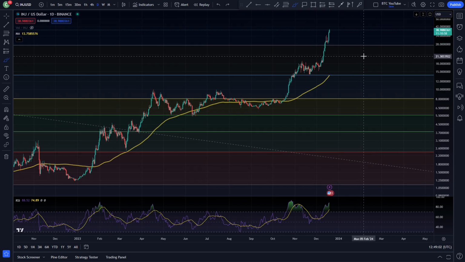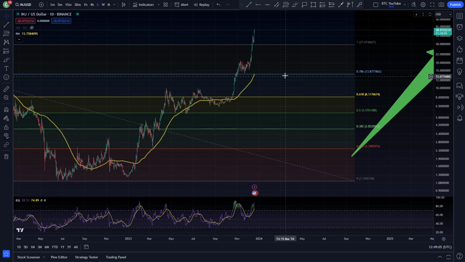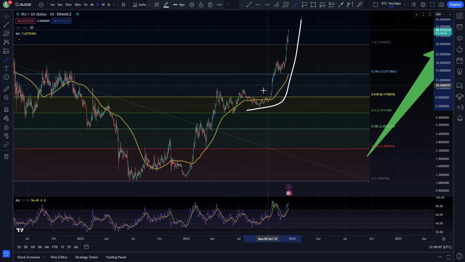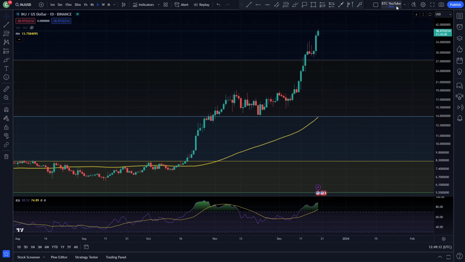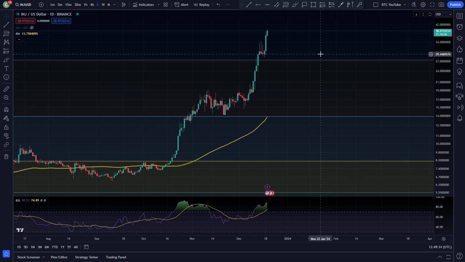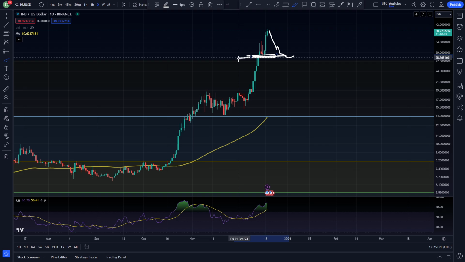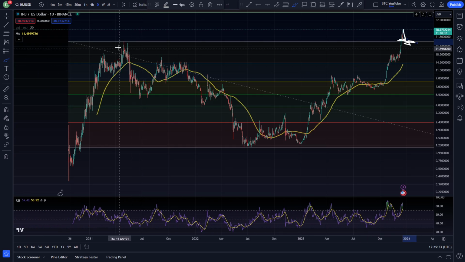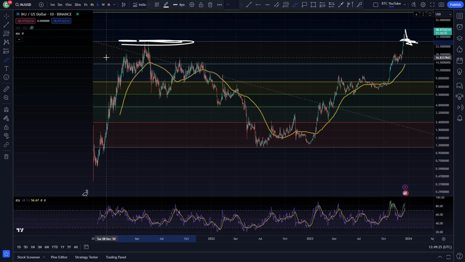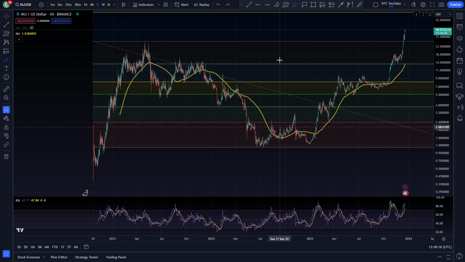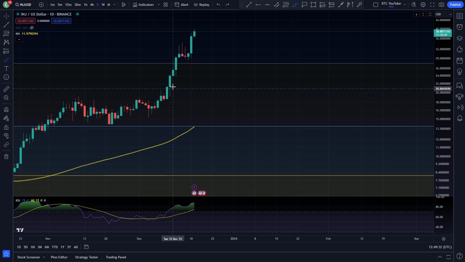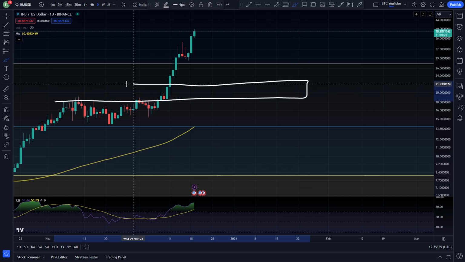I'm not saying that this will happen, and we could just see a continued parabolic move for Injective, because you can see this hockey stick formation has definitely formed now. But when things get this extended to the upside, you can start to see significant pullbacks, especially when we haven't really made very much support at all. There's a little bit of support here. We've got that previous all-time high support here as well, but the first area of decent genuine support for Injective, if it did have a big correction now, would be down here towards that $15, $20, $25 area.